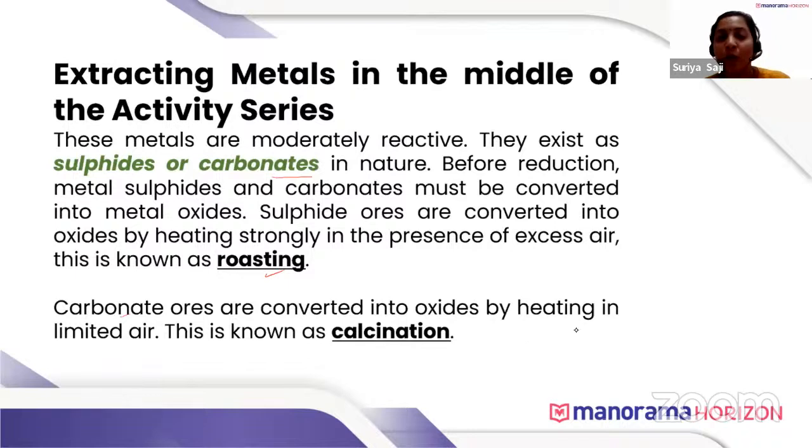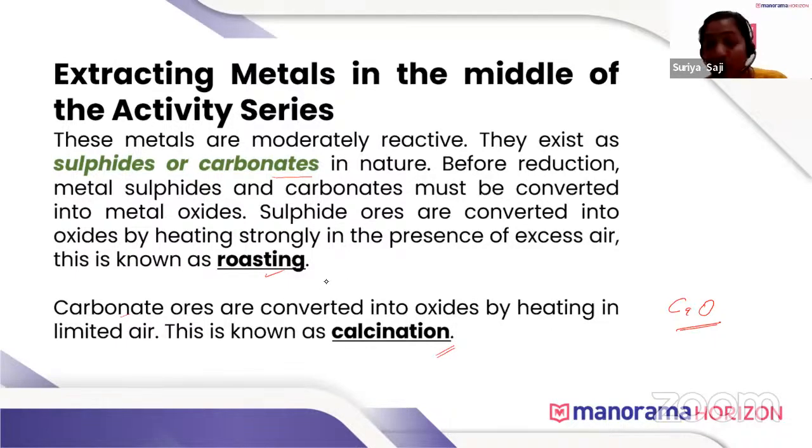We can remember these words this way, because we always get confused about what is roasting and what is calcination. For calcination, we have already studied calcium oxide, which can absorb a lot of heat. So in calcination we use calcium oxide, and it is in the absence of air.